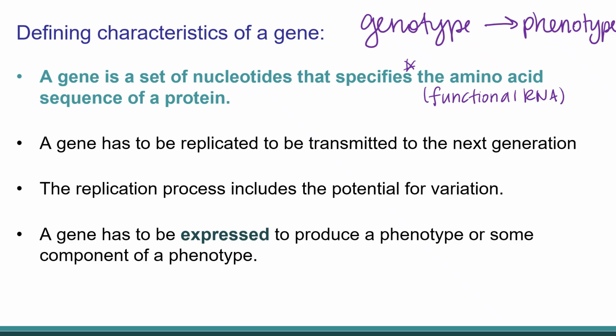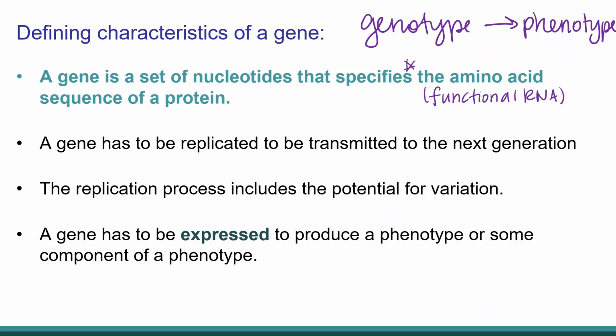Remember that a gene has to be replicated in order for it to be able to be passed to the next generation. And in that process of replication, there is potential for variation. And we'll see in chapter 13 that when we have variation in our DNA, this leads to variation in our phenotypes, which leads to variation in a population.